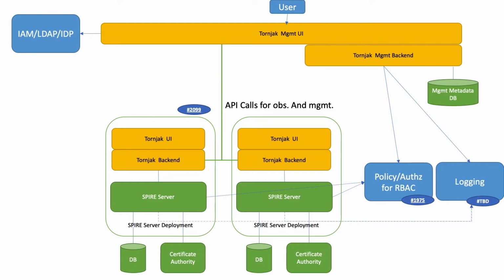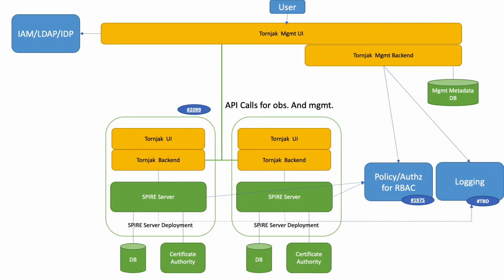So user is interacting directly with the Tornjak management UI, written also in React. The access to the portal will be controlled by some external identity and access management tool like IAM or LDAP. The Tornjak management backend is managing the API calls to the individual Tornjaks.